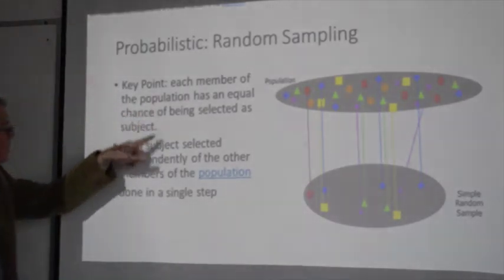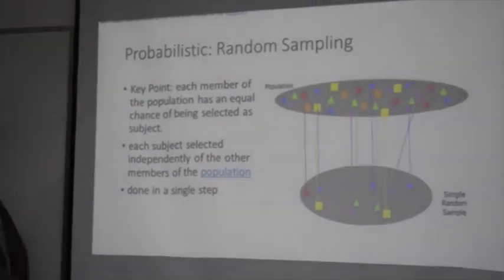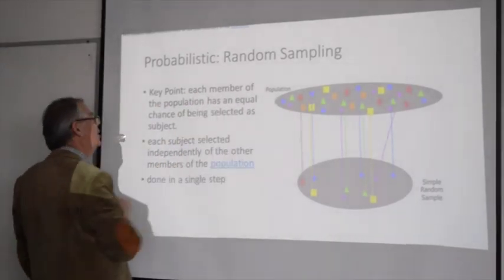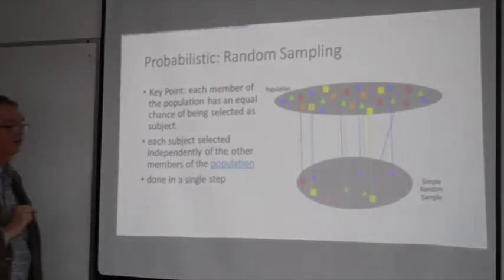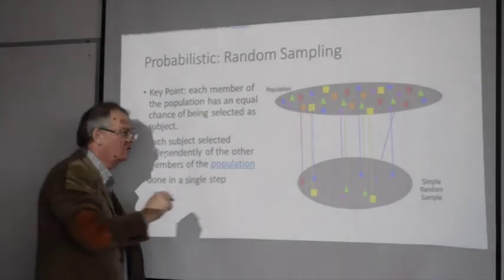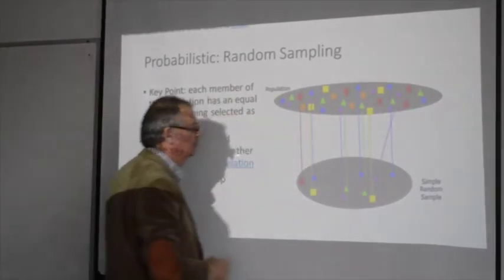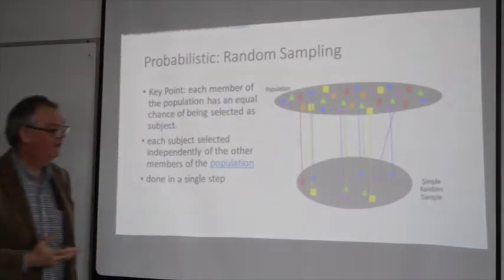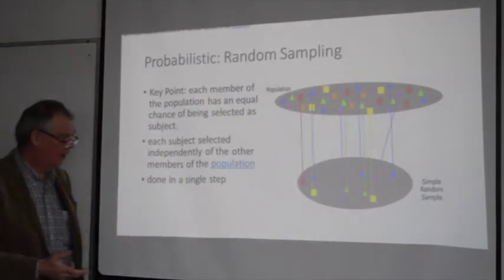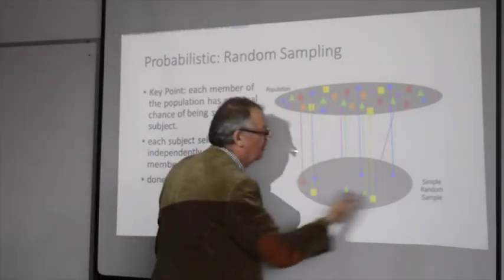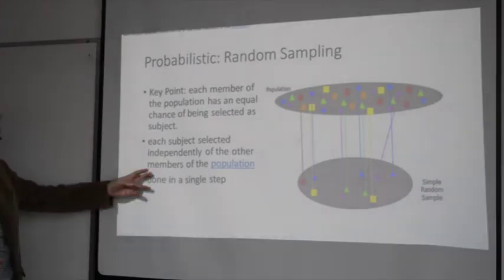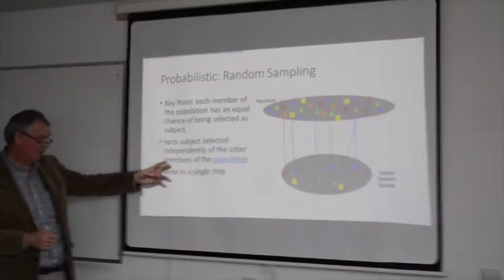And the important point, the key point, is that each member of the population has an equal chance of being selected as a subject. It's not that you're going to choose all the orange ones, for example, or all the square ones. You have to have an equal number of each, so it's a representative sample. It's probabilistically the same. Each subject is selected independently of the other members of the population.